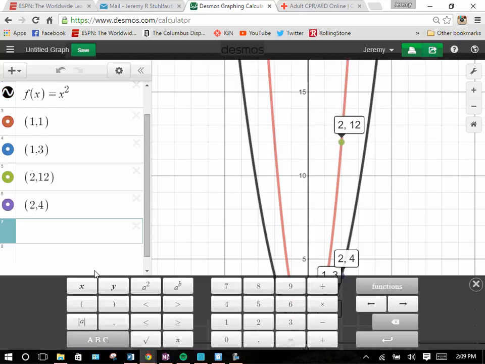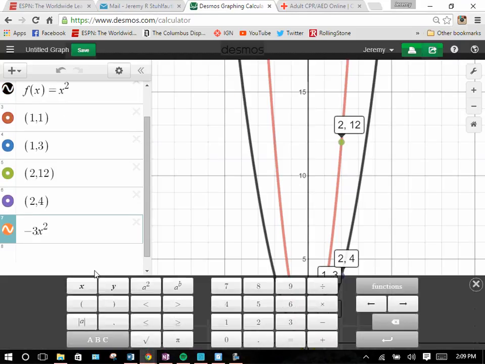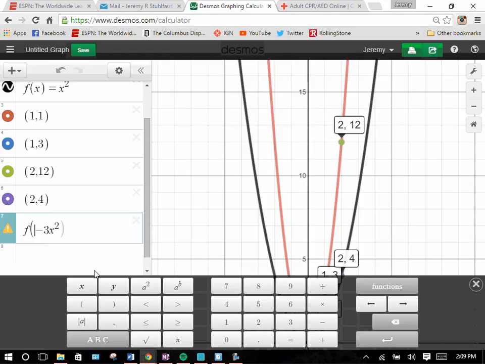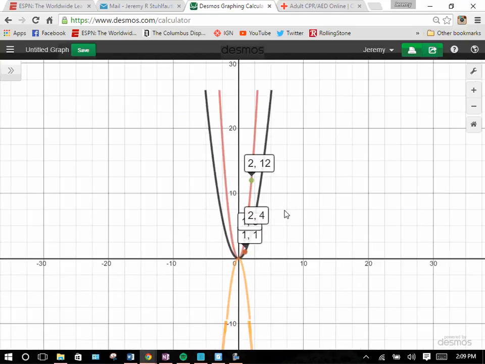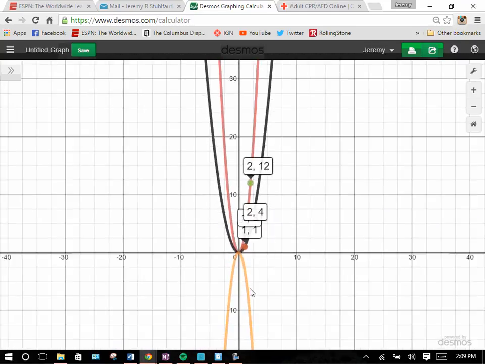If I type in negative 3x squared, you'll notice that the red graph just flipped across the x-axis. So it flips across the x-axis. All right.